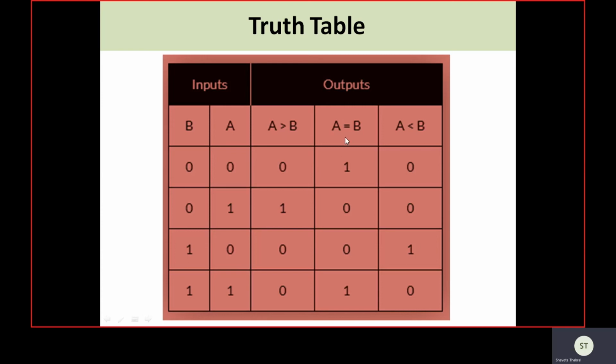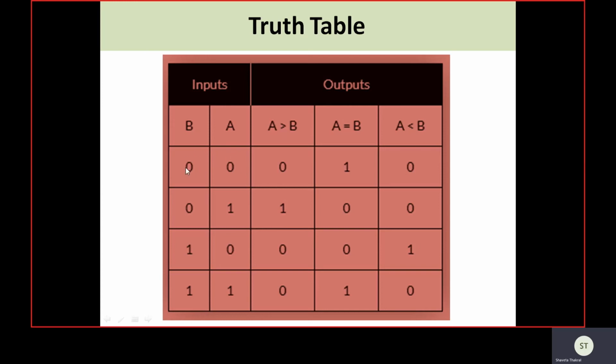And if we see this output line, the output is 1 corresponding to this combination as well as this combination. So either this combination is active, then the output is 1, or this combination is active, then the output is 1. So OR can be represented by plus. For this one we can see the combination as A is 0, that is A complement, and B is 0, that is B complement.